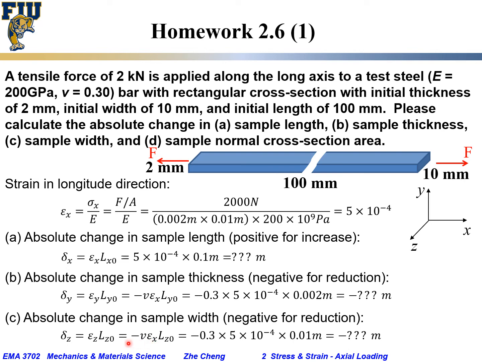Again, remember, the Poisson ratio is defined as epsilon z over epsilon x with a minus sign. So epsilon z would be epsilon x times mu with a minus sign, and Lz0. So plug the number in: 0.3 with a minus sign in front times epsilon x, 5 times 10 to the minus 4, times the initial length in the z direction, which is 10 millimeter, and then you can get the other number.